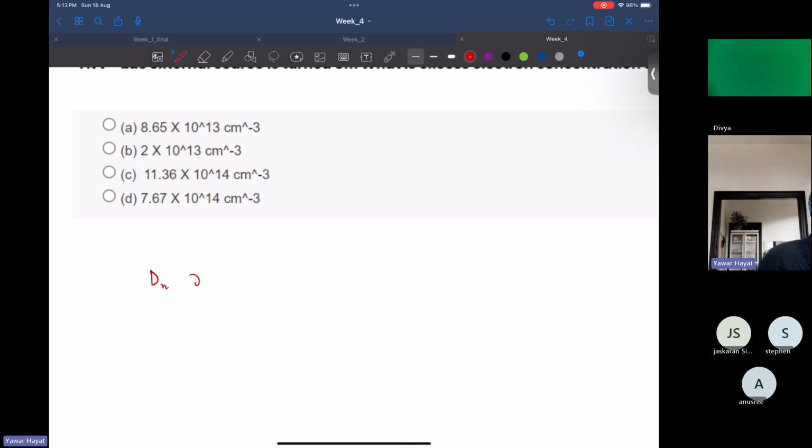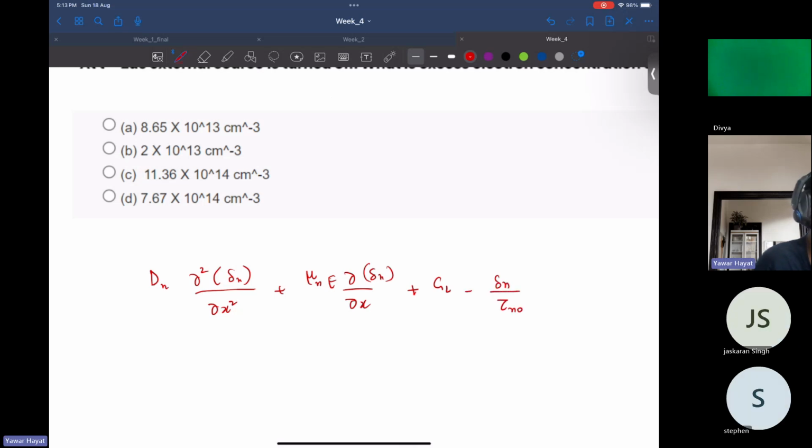So it would be Dn dou 2 delta n by dou x square plus mu n E dou by dou x delta n plus GL minus delta n by tau n0 is equal to dou by dou t delta n. Right? This is your continuity equation.